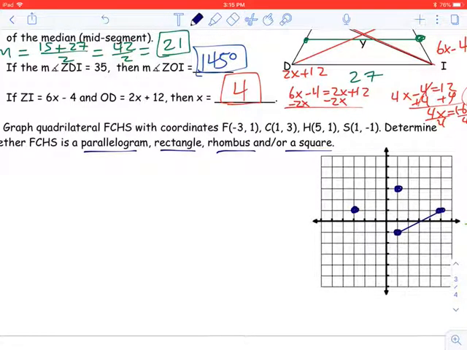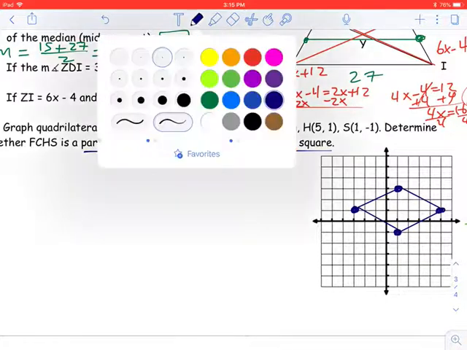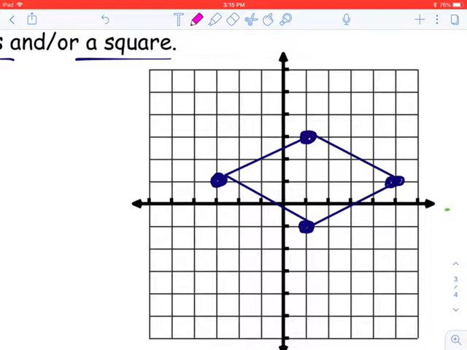So when you connect all those, I'm going to find out what our slopes are. So I'm going to start with these two opposite sides, see if their slopes are the same. So I'm going to go up 2/4, which is 1/2.